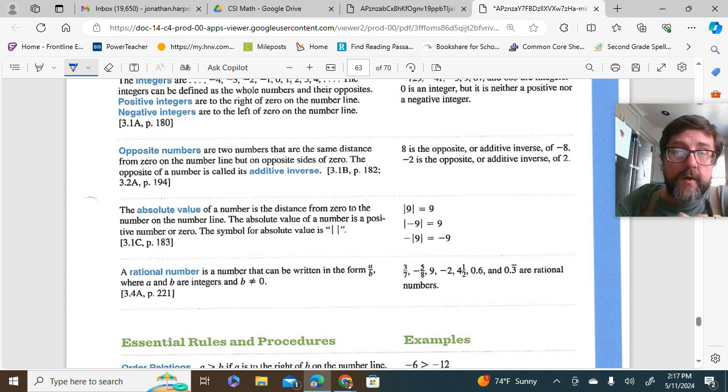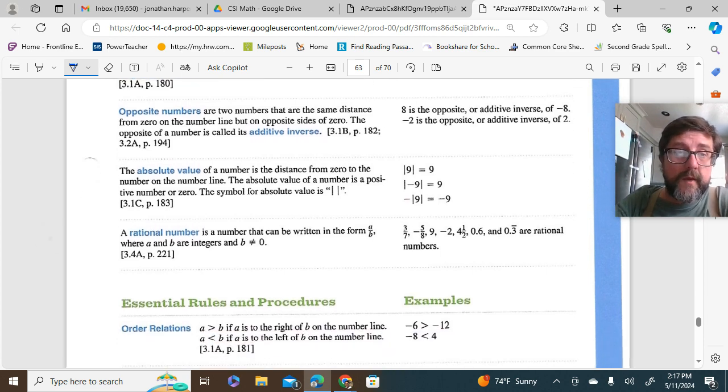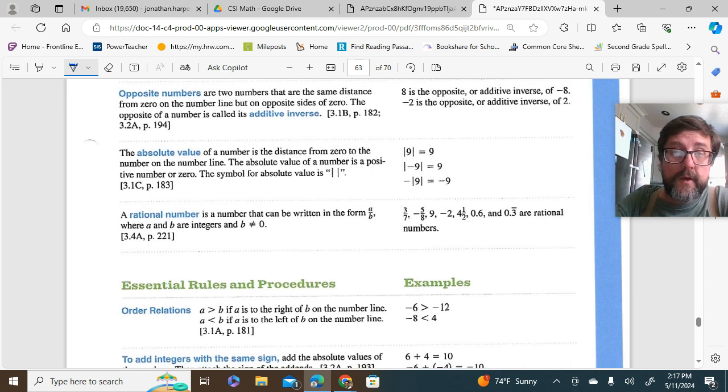So you have -1 and +1. They're the same number, they're just on different sides of the 0. The absolute value of a number is the distance from 0. That's what you're paying attention to with these.